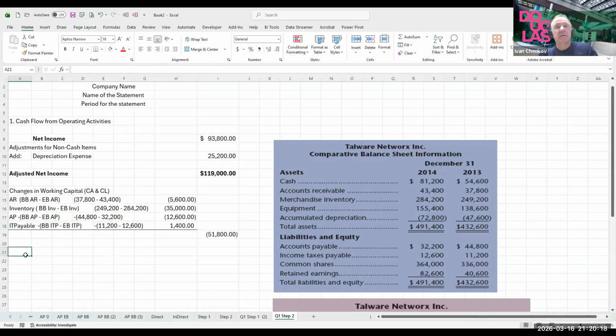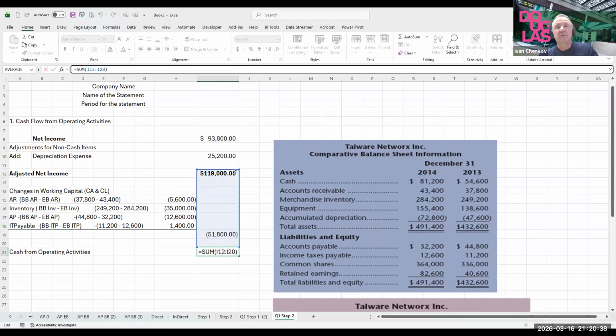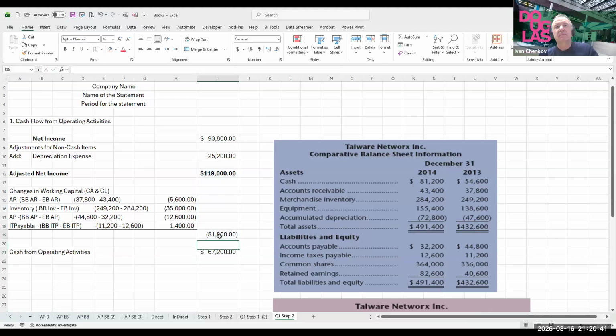And my cash from operating activity is going to be equal to those two numbers. Again, it's not going to give me that, so I have to adjust the formula. Once we adjust the formula, we're going to get the effect, and the cash from operating activity is 67,200. Let's put it in the proper formatting, and we're done.